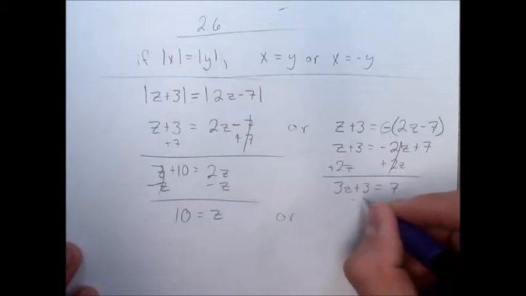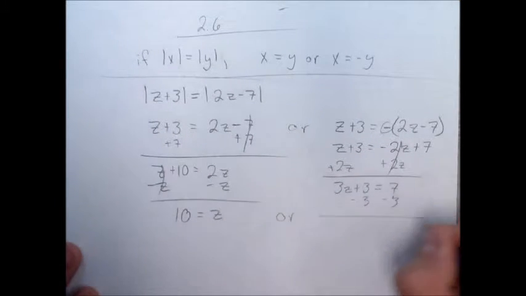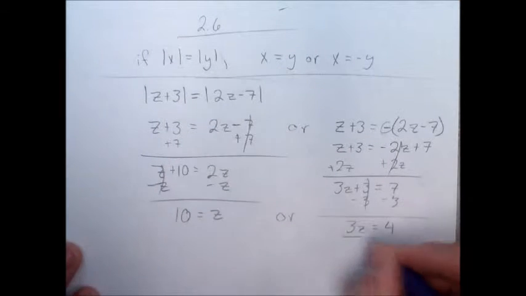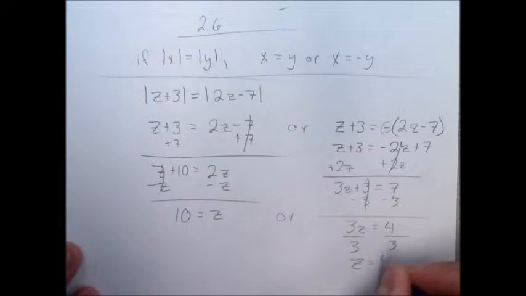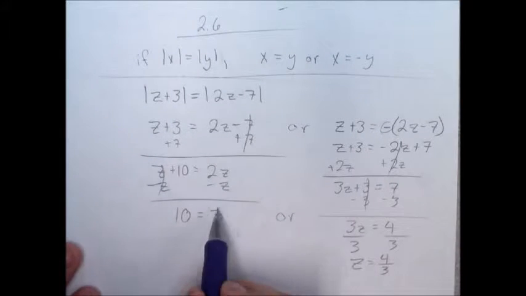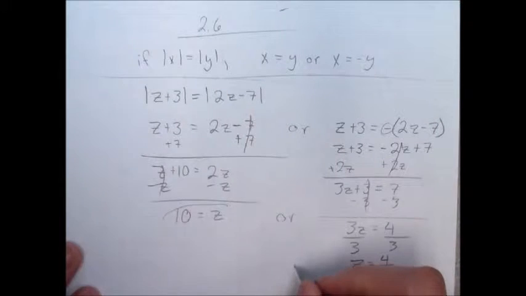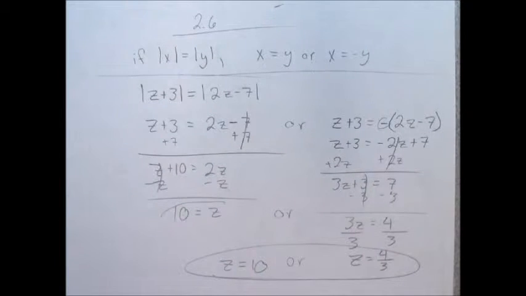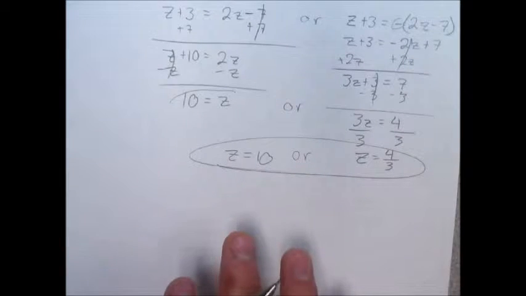I'm going to subtract 3. You get 3z equals 4. Divide by 3. And my final answer is z equals 4/3. So my solution is, let me just drag it down, z equals 10 or z equals 4/3. Okay, so those are my two answers.